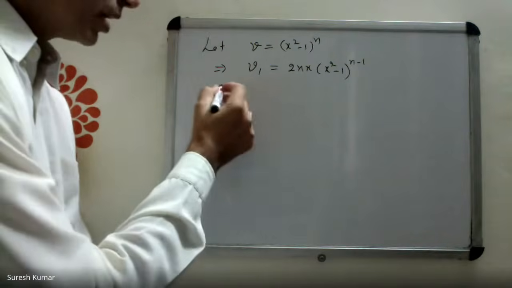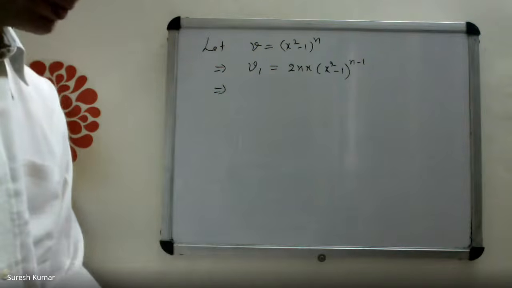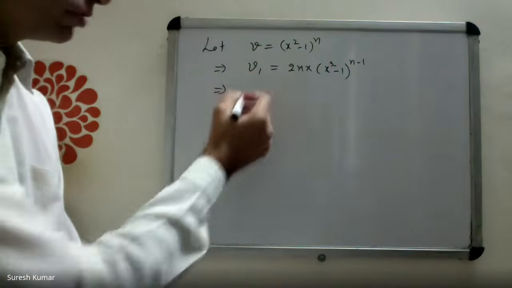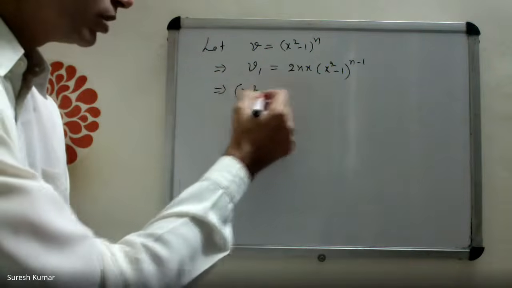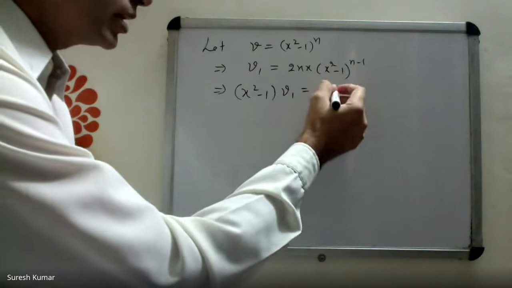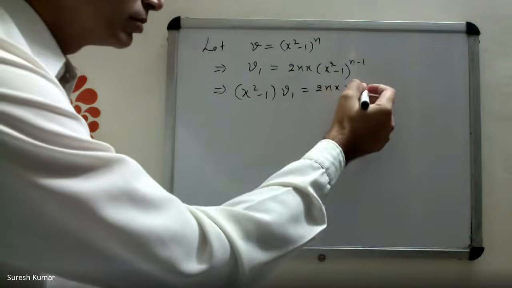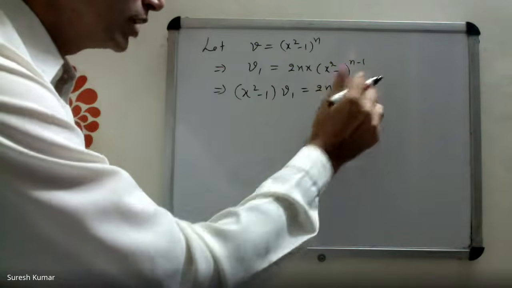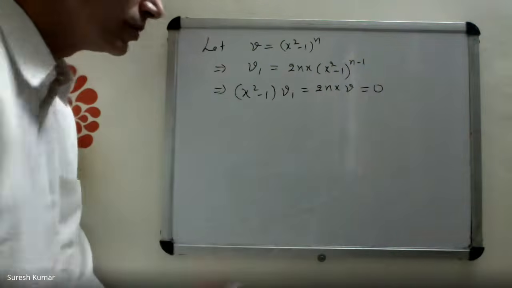After that, I can rewrite this in the form (x² − 1)v₁ = 2nx v only. Is it right?